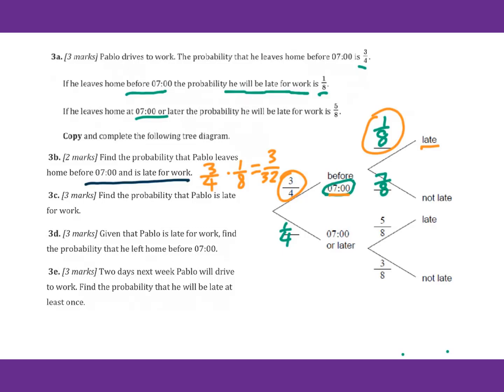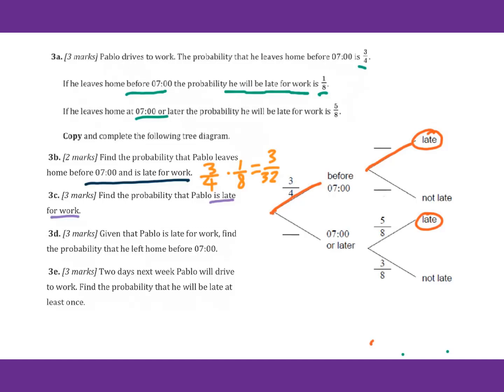For 3C, find the probability that Pablo is late for work. From this tree diagram, you will check late for work, late for work. So you have 2 rows that go to this late. This is 1, then this is another 1. So these two multiply, here's 1/8, 7/8.